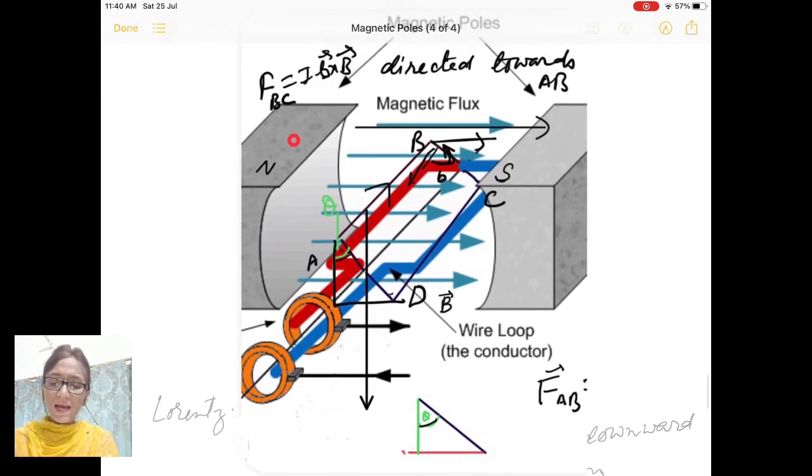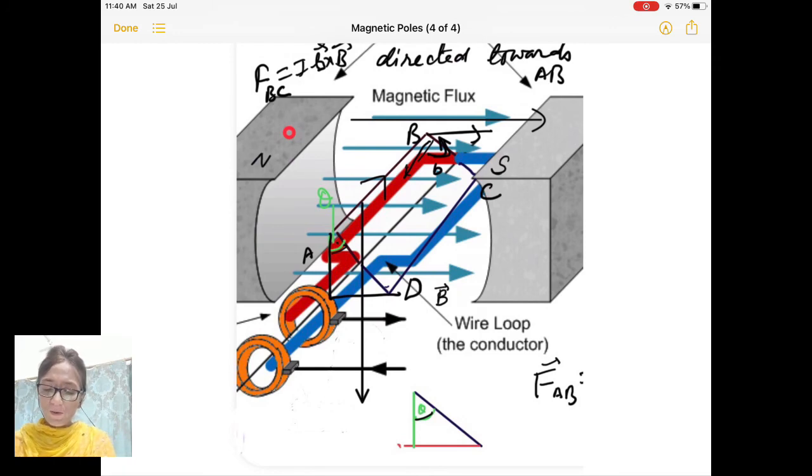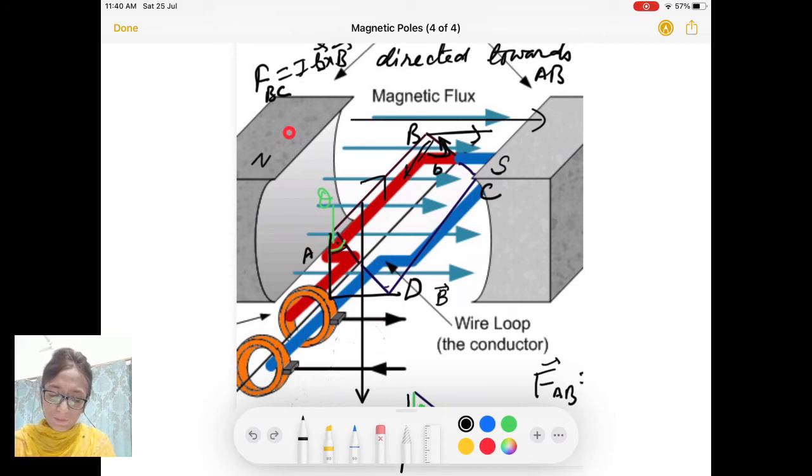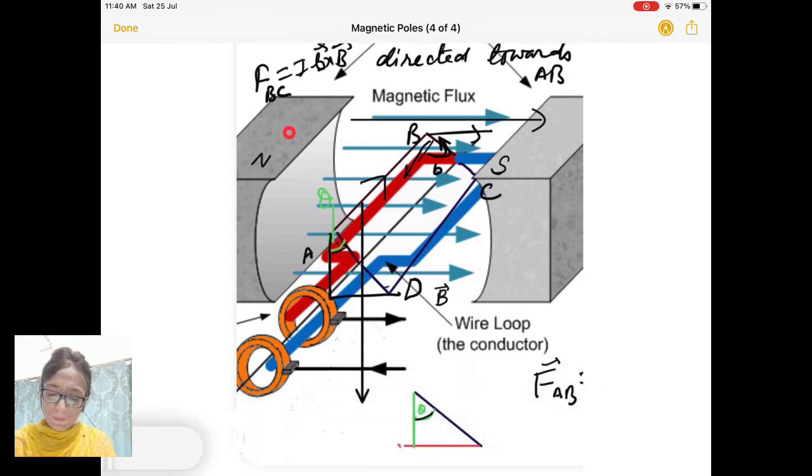But there will be some torque acting. Look here. One force is acting along the downward direction and the other force is acting in the upward direction on the two ends.